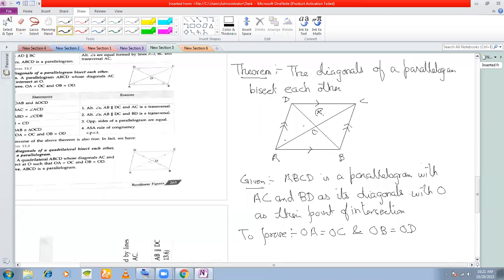See, consider these two triangles. We'll prove that these two triangles are congruent, right? How to prove that these two triangles are congruent? First of all, these two angles here, they are vertically opposite angles. They are equal. Fine.